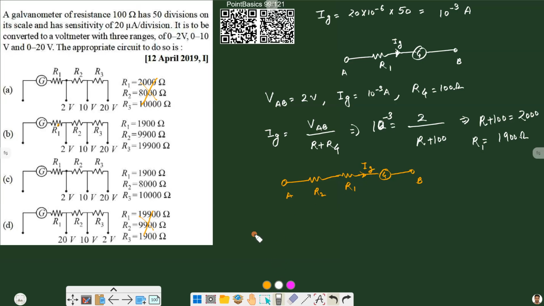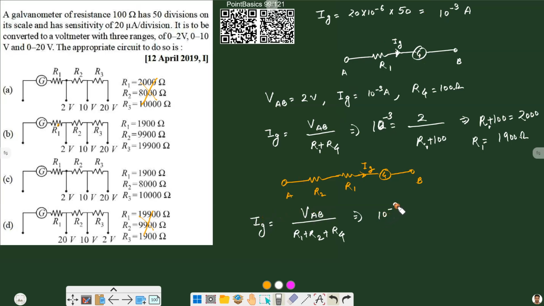So now our formula will become IG is equal to VAB by R1 plus R2 plus RG, and now we have to measure 0 to 10 volts. So this becomes 10 volts, but IG stays the same, that is 10 raised to power minus 3.